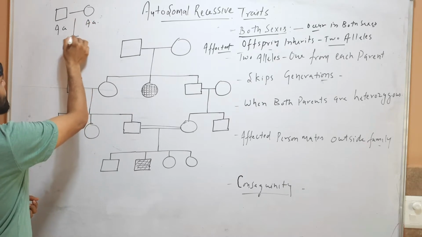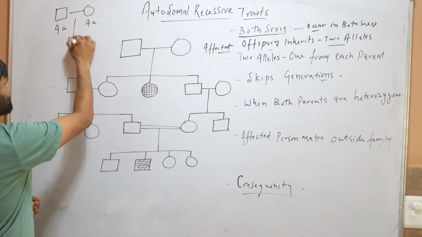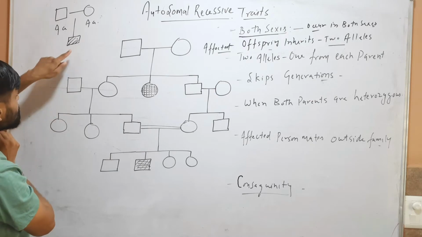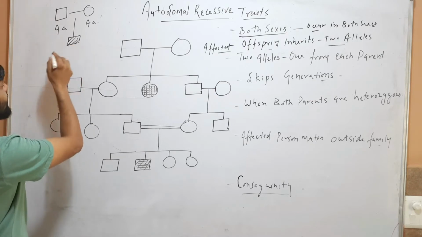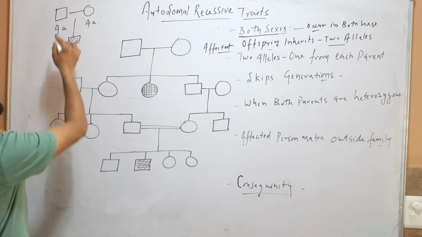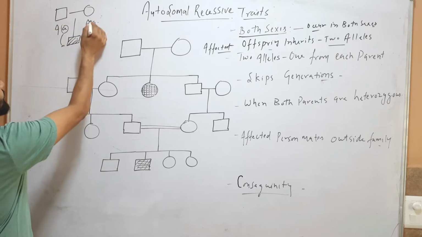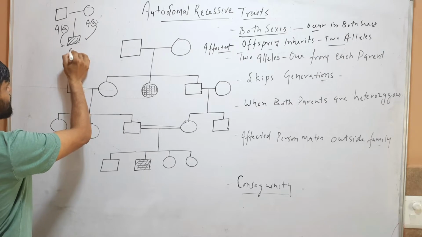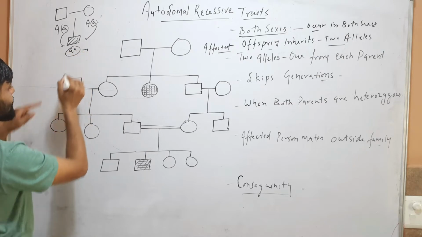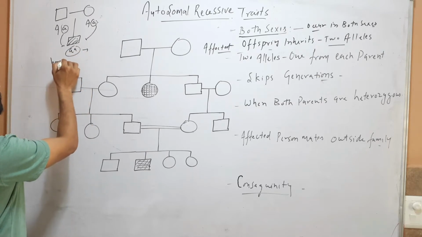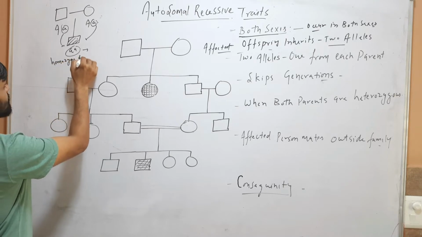If this offspring is showing that trait, then it must inherit one copy from each parent. It has to inherit this copy from that parent and this copy from that parent. So here now it is homozygous recessive.